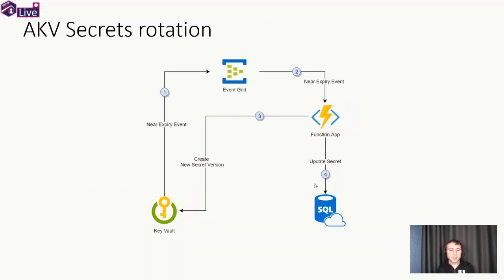Where may be the problem? So I may not have permissions to access Key Vault, but the function has permissions to access Key Vault. And if permissions on the function are not configured correctly, then through the function, I may modify the Key Vault or get data from the Key Vault. So let's take a look at that.